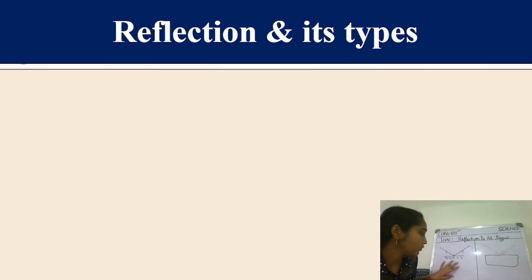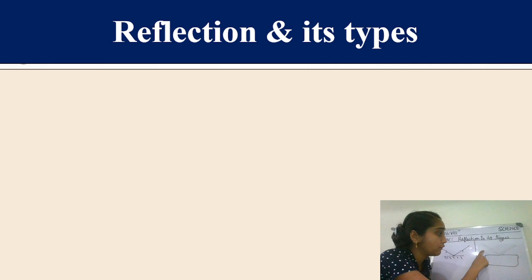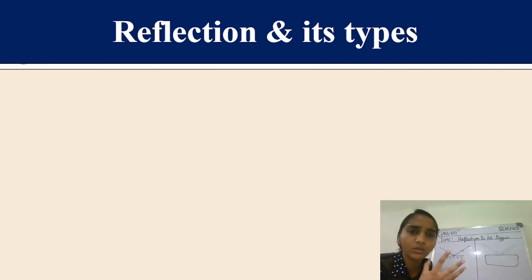Here you can see how this is a regular reflection, because we are able to clearly see the path of the light reflecting and going in the same direction, like the incident ray and the reflected ray. And in the diffused reflection, we are not able to clearly distinguish the reflection which is going on there, right?